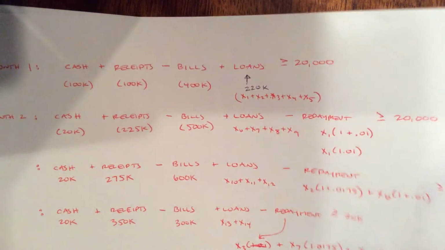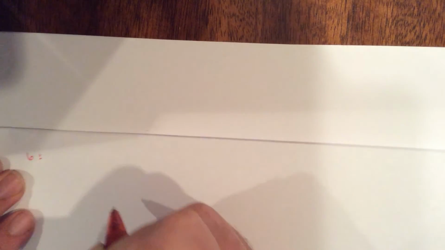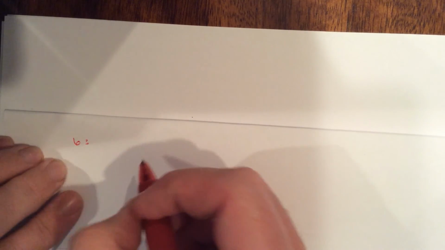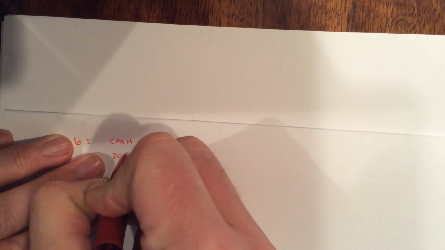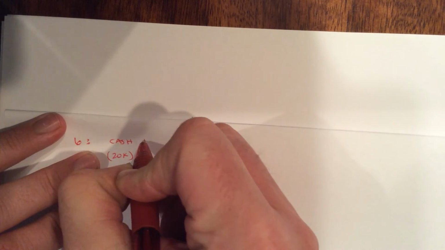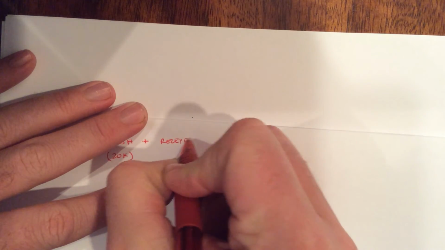All right, let's keep going. Last month, month 6 now. We have cash on hand: 20K from the previous month, plus our receipts. Now we're rolling, big time.